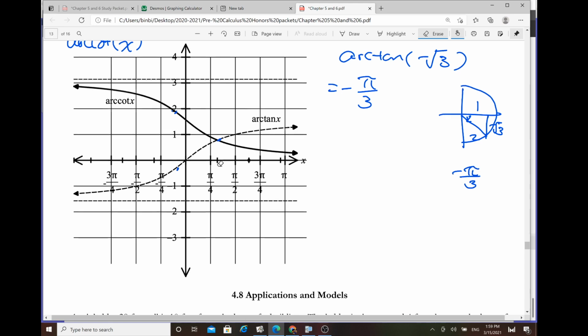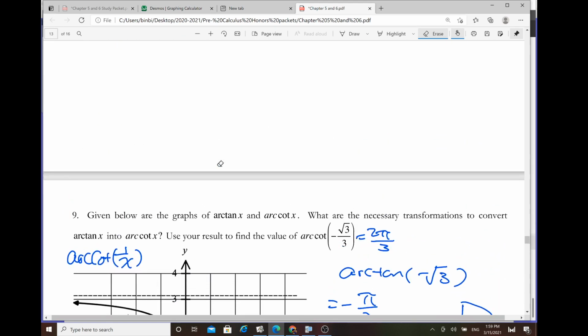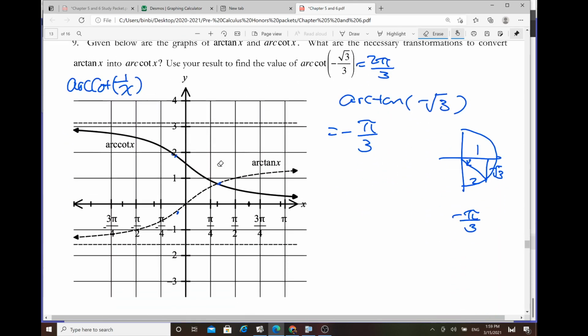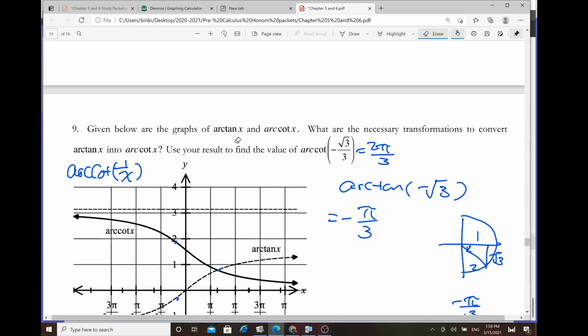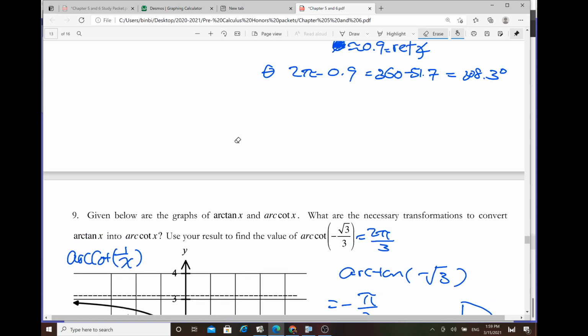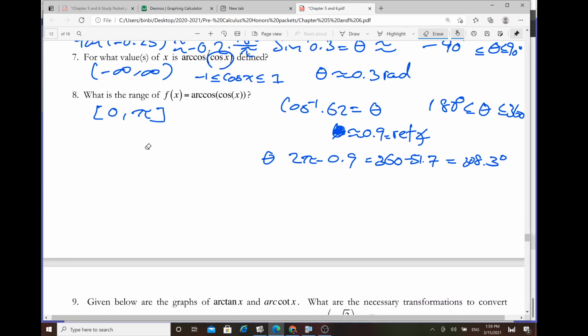Alright, so it's all about the transformation, and also regarding the inverse of tangent and cotangent. Just keep in mind the restricted ranges. The restricted range of sine is always from negative pi over 2 to pi over 2, and the restricted range of cosine is always from 0 to pi.